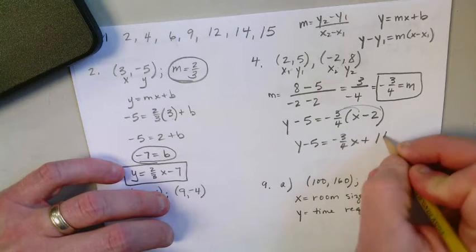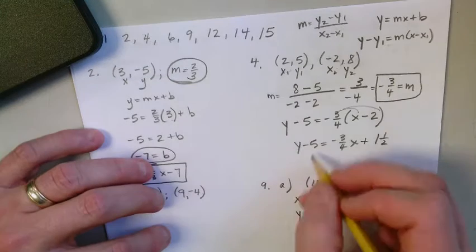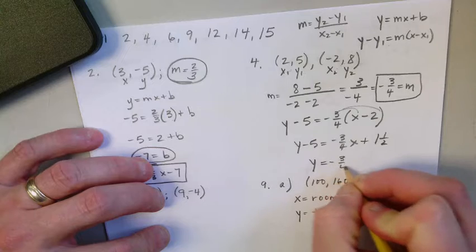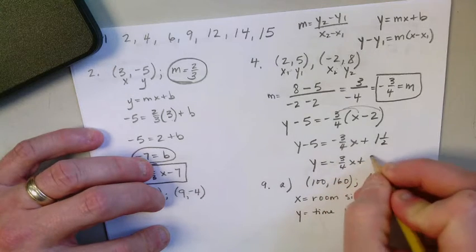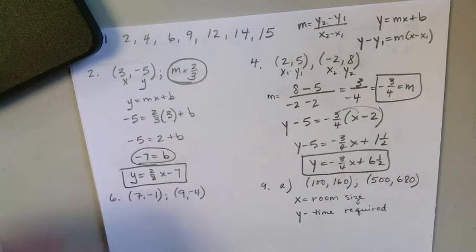Yeah, 1.5. Had to do that in my head there. Then I'm going to add 5 to both sides, so my final equation is going to be plus 6.5. Okay, y equals -3/4 x plus 6.5.